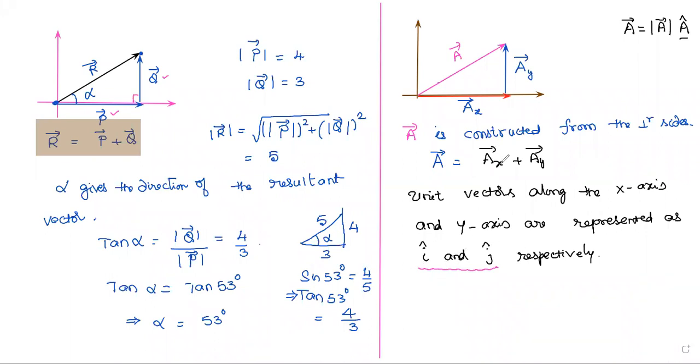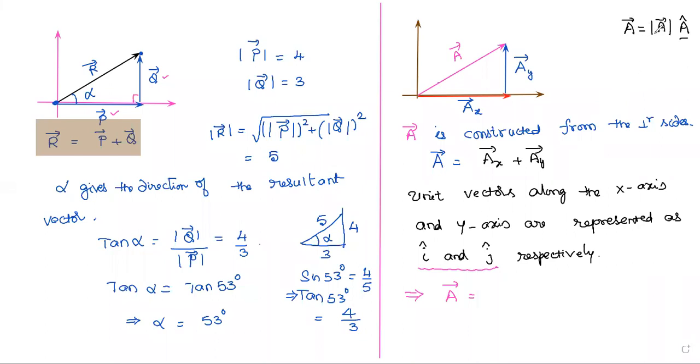Then coming to here, look at this step, you have to understand properly. A bar, how I am writing it, equals A suffix x bar.